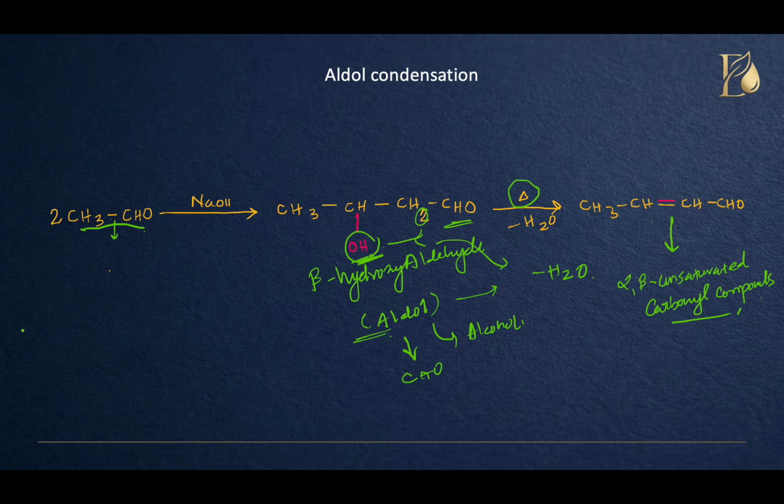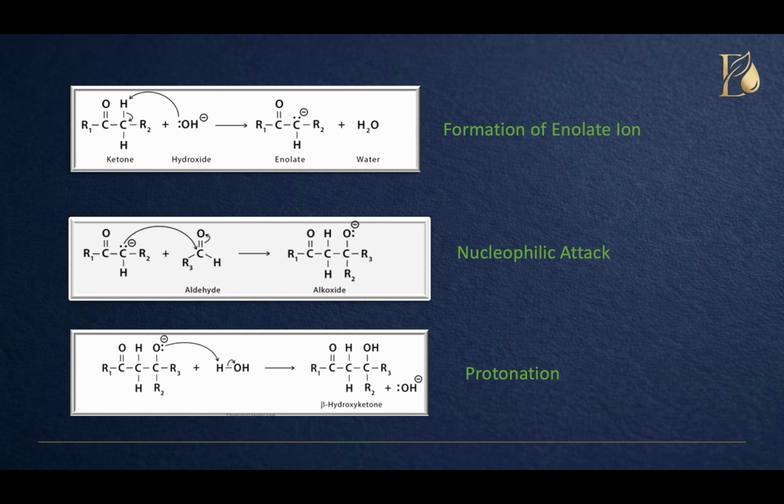Now we can look at the mechanism of aldol condensation step by step. Firstly, this is a ketone. We are explaining using a simple ketone, R1COCH2R2. There is an alpha hydrogen, right? There are two alpha hydrogens, so we can consider any of these.